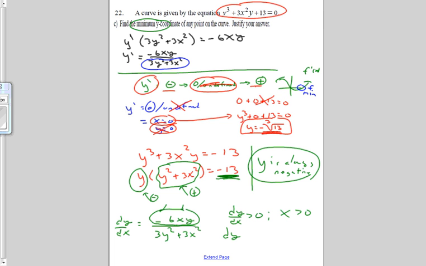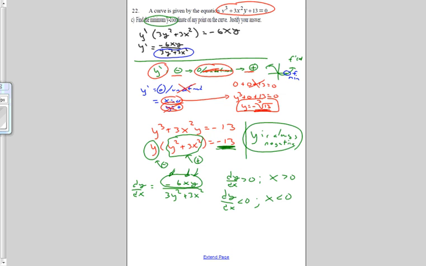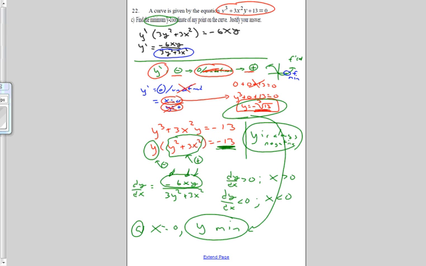And for dy dx to be less than 0, x must be less than 0, because if x is less than 0, then negative times negative times negative gives us a net negative. So therefore, that's a proof that at x equals 0, y is a min. And what is that minimum value? Well, that minimum value is this right here. So the minimum value is negative cube root of 13.